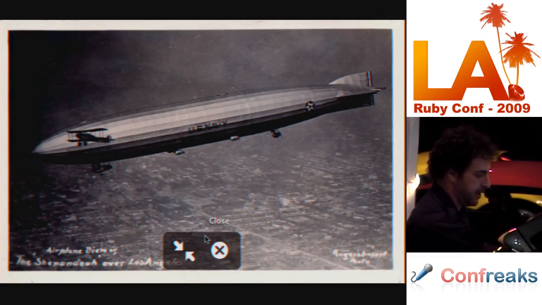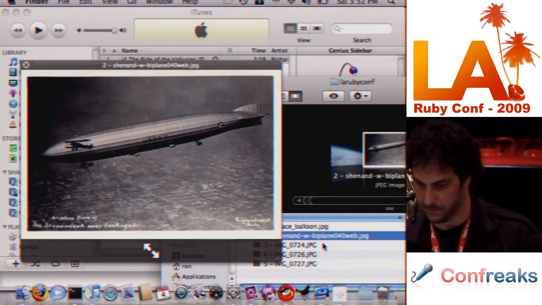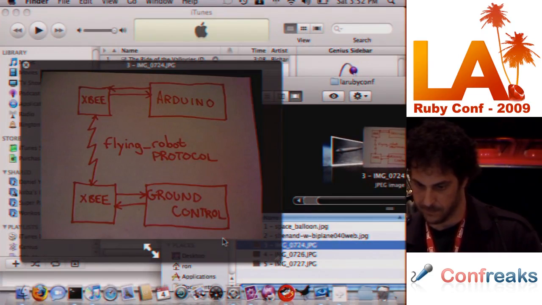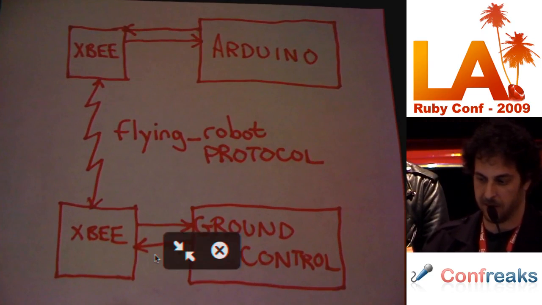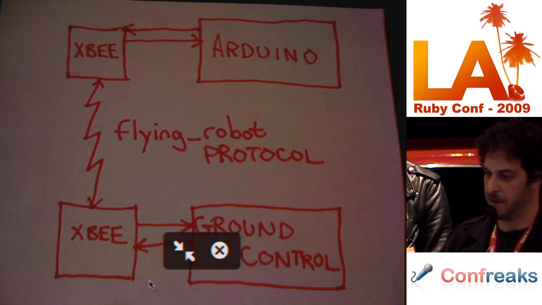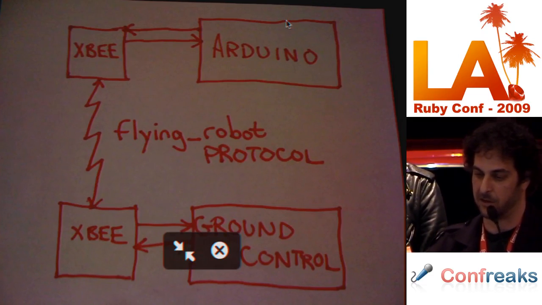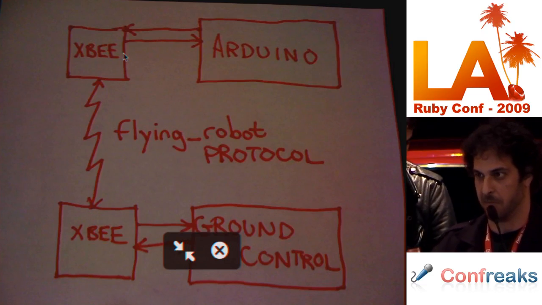So let's take a look at the big picture. This is the flying robot architecture. And we see here that we have some Arduino-based vehicle with an XBee modem.